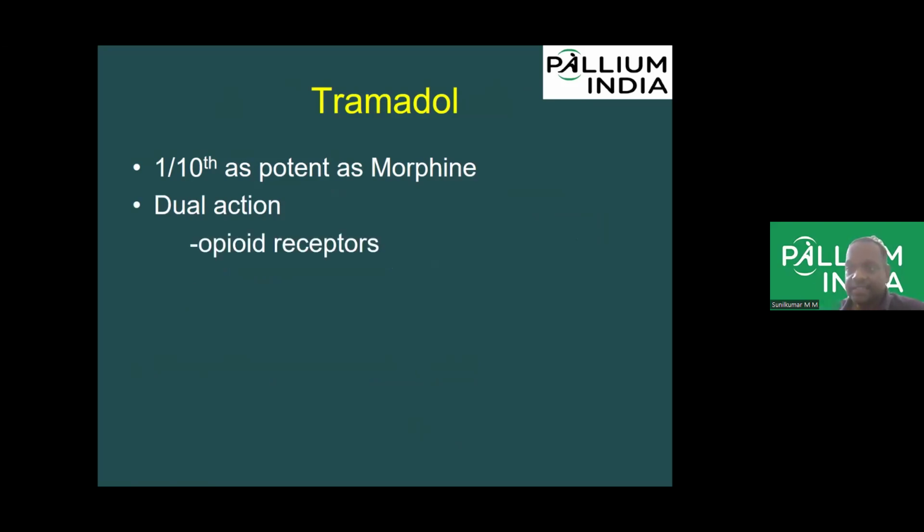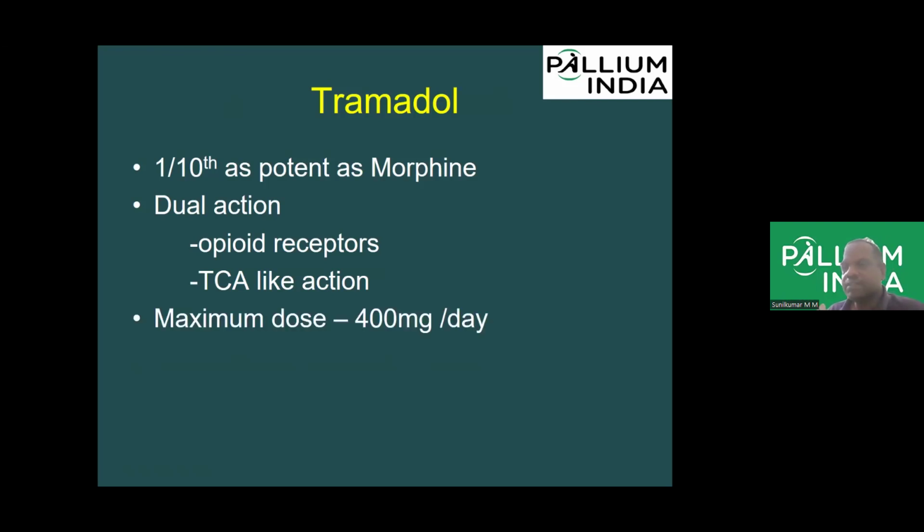That means it acts like other opioids, on the mu receptor as an opioid agonist, and it also acts like a tricyclic antidepressant. That means it inhibits the reuptake of noradrenaline and serotonin, and it increases the concentration in the dorsal horn of the spinal cord, and thereby it reduces the pain. So these are the two mechanisms of action of tramadol, and the maximum recommended dose is 400 milligram per day.